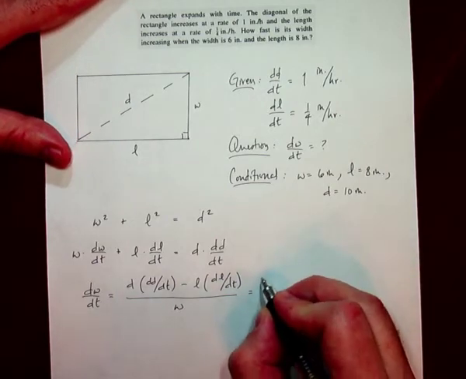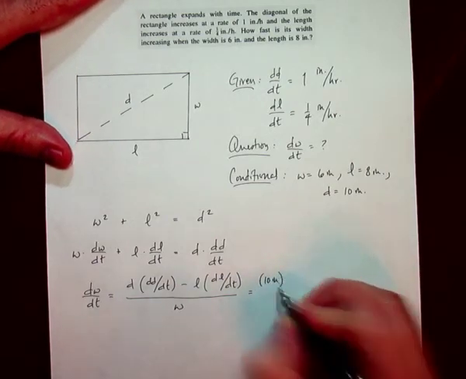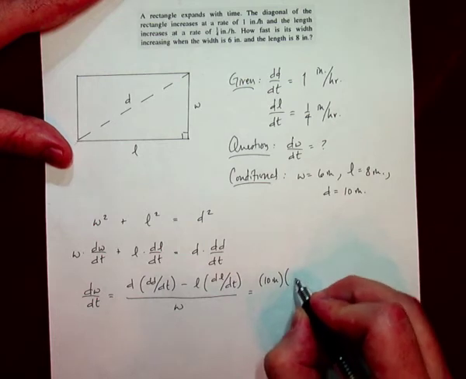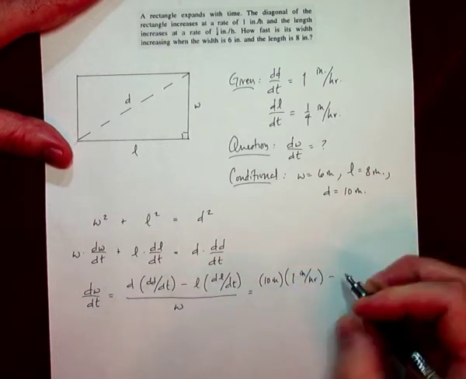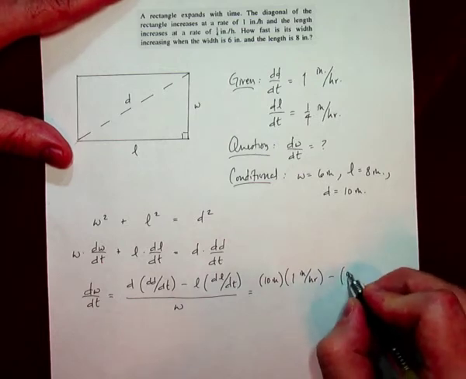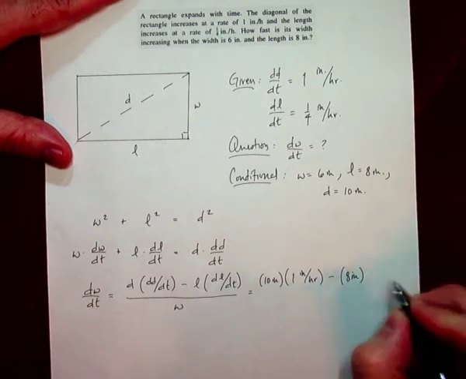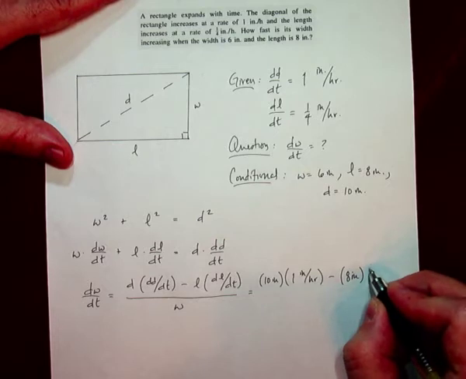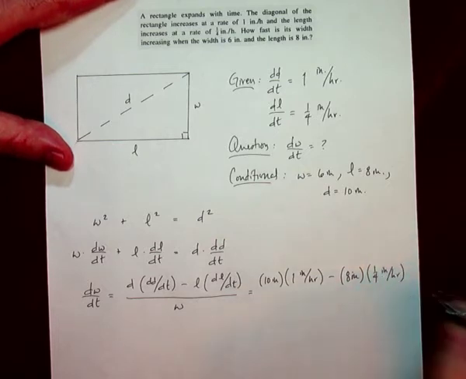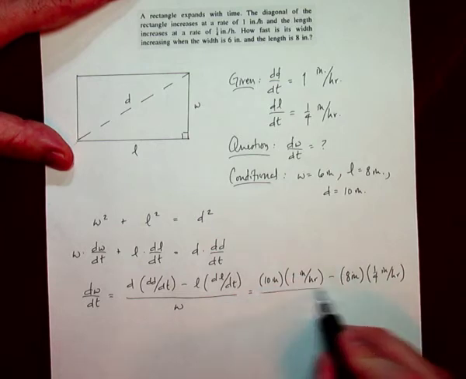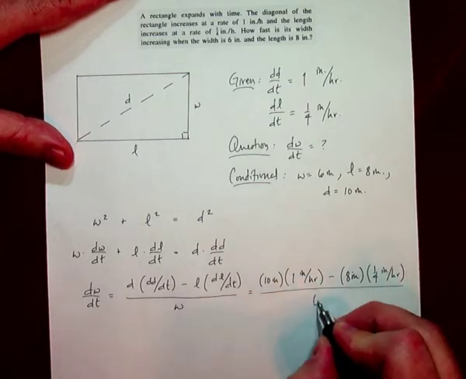My D, remember, is 10 inches. My dD/dt is 1 inch per hour. My L, my length at that moment in time, is 8 inches. And my dL/dt is going to be 1/4 inches per hour. All of that over 6 inches.